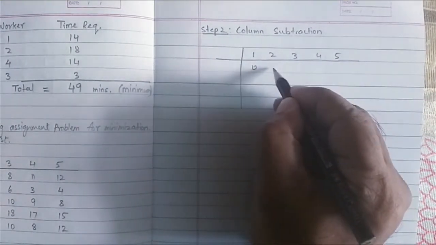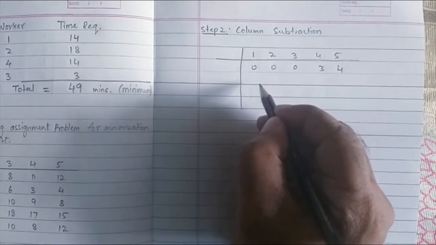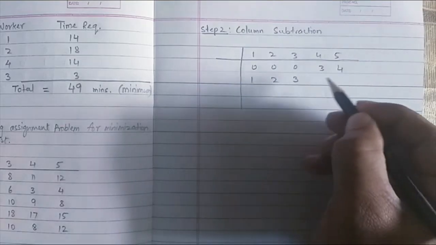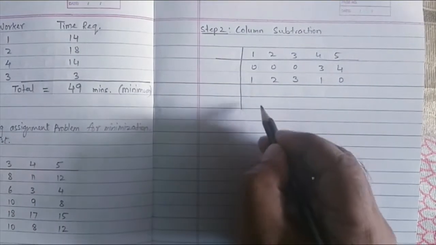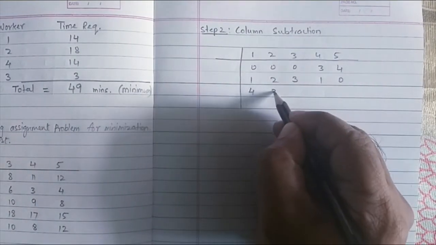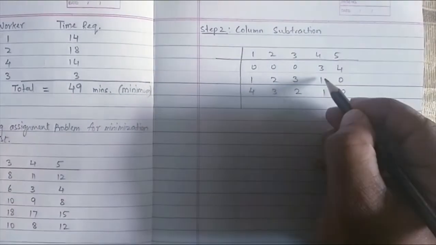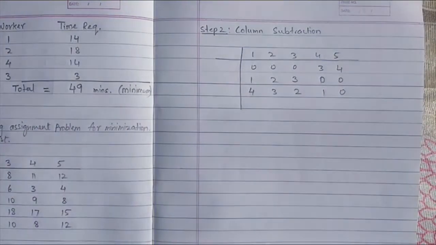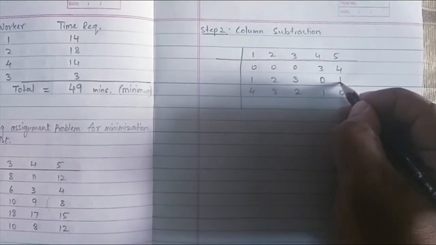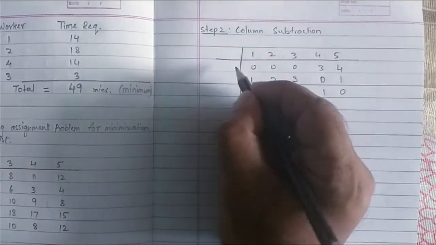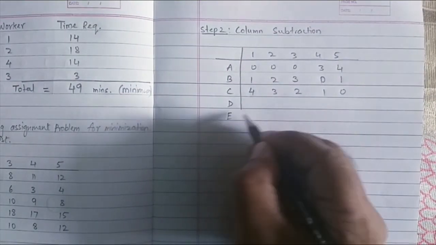We have here 3 zeros, 3 and 4, 1, 2, 3 and 1 and a 0, followed by 4, 3, 2, 1 and 0. Sorry, this one is 0 and this is 1. So let me make a change here. This is 1. The values are A, B, C, D and E.